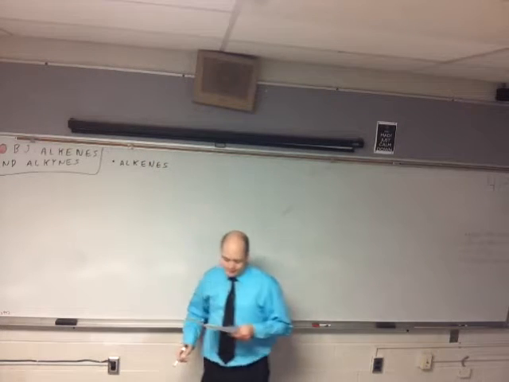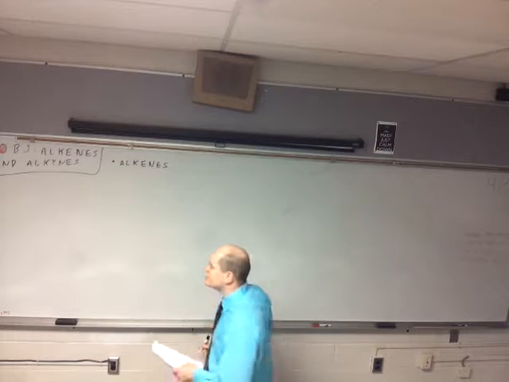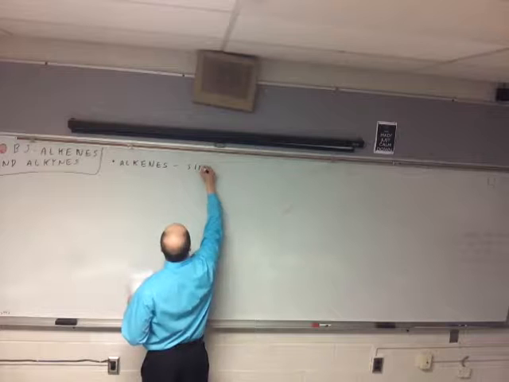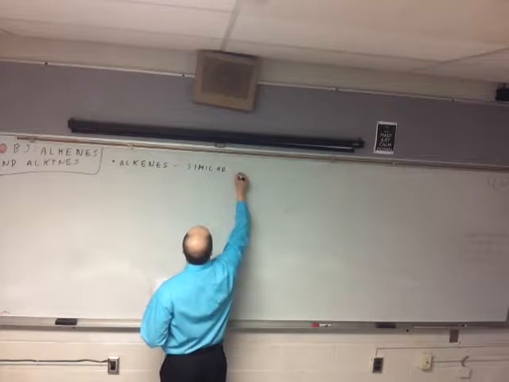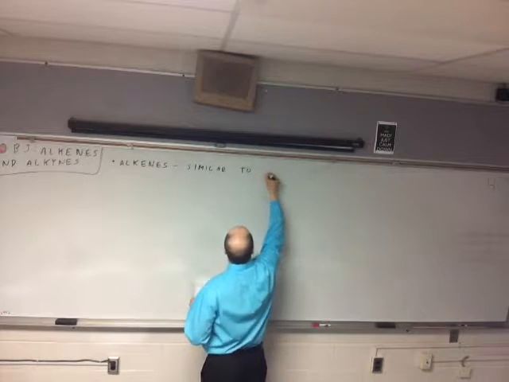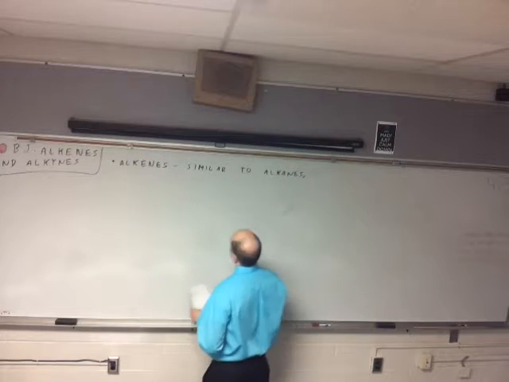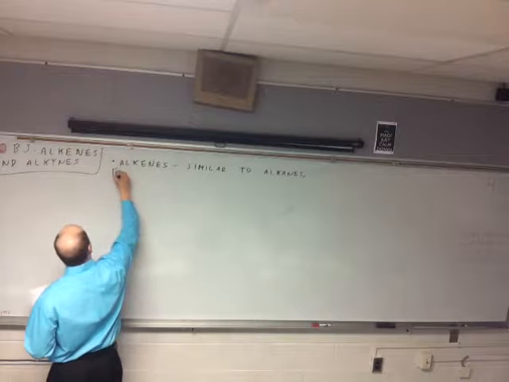Let's get started here. Alkenes. They are similar to alkanes, except they have at least one double bond.